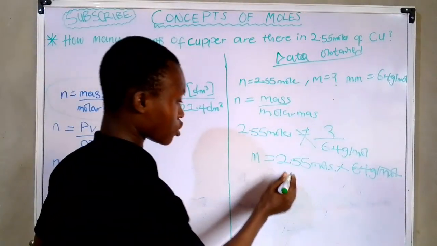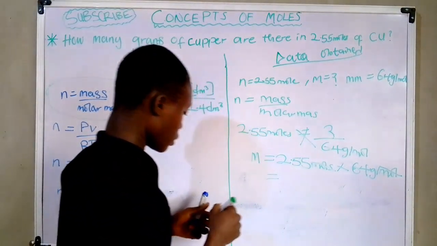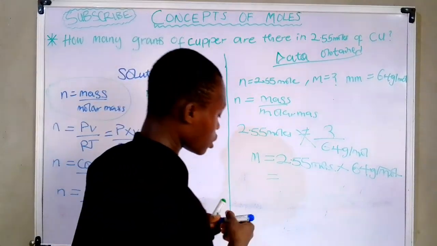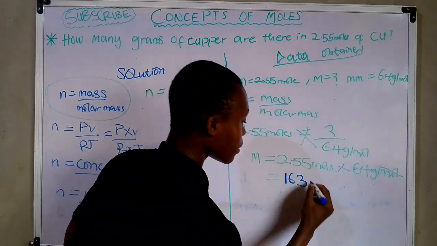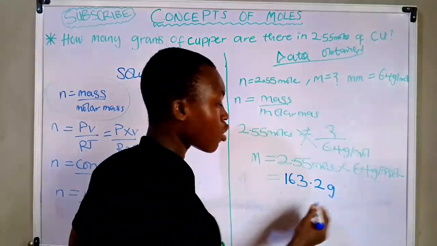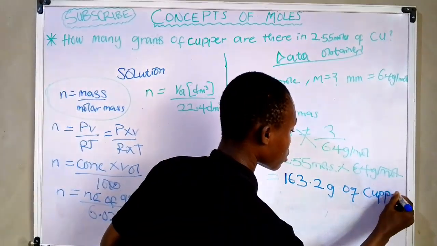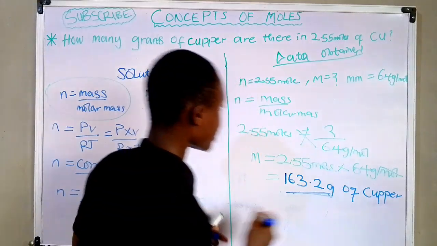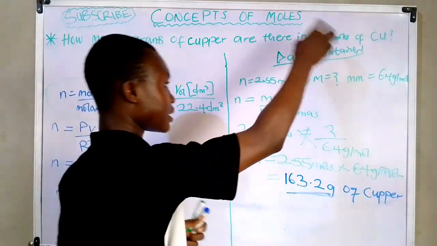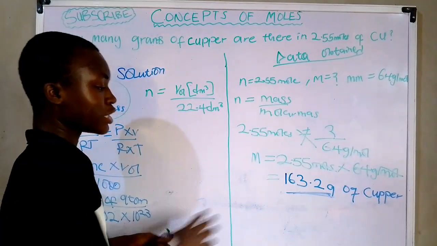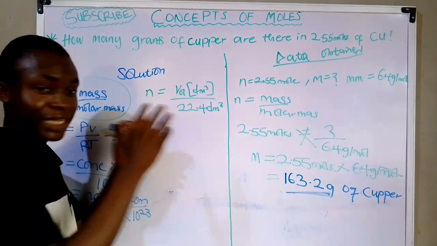Now mass, 2.55 times 64, is 163.2 grams of copper. This is simply the answer. So the grams of copper in 2.55 moles of copper is 163.2 grams. This is simply the answer for this.